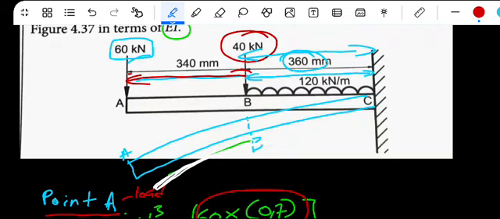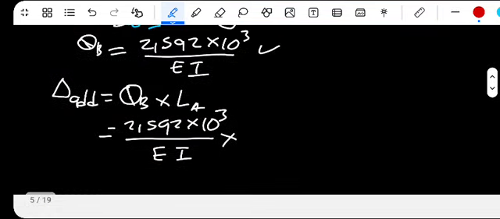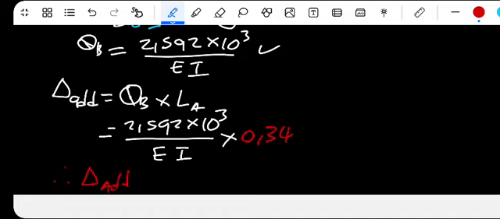This additional length is 340, so it's 0.34, multiplied by 0.34.